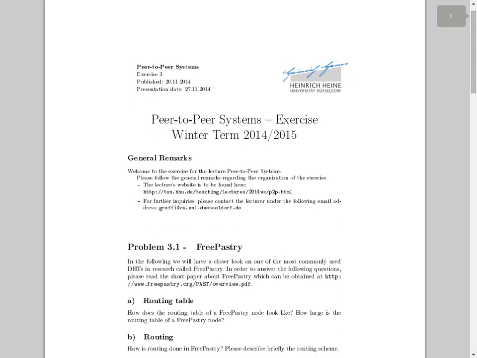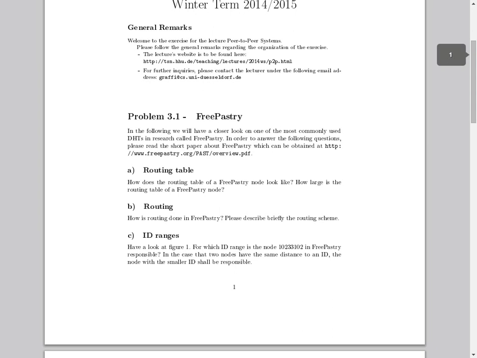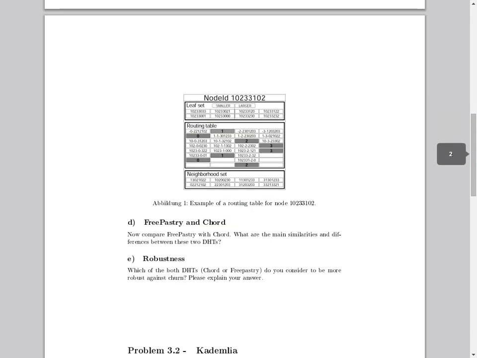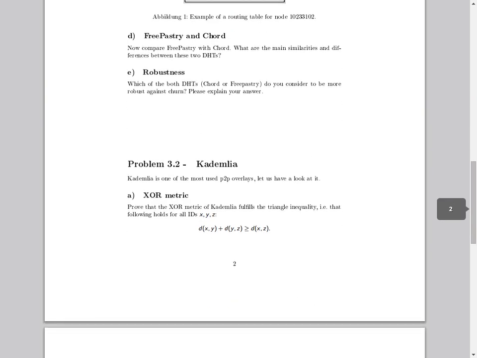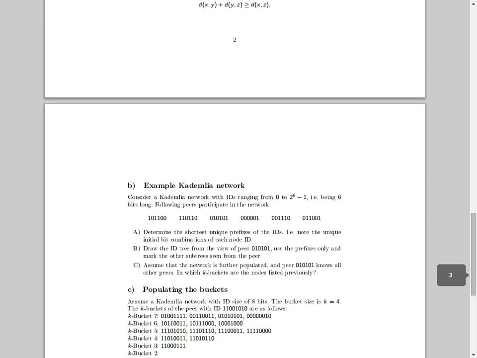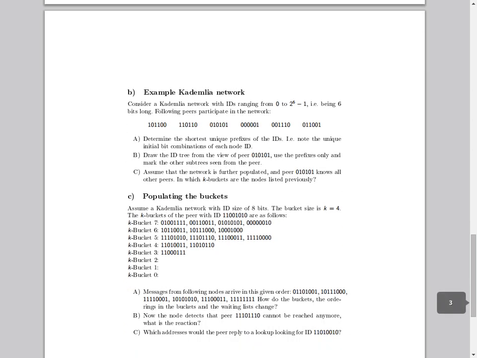The topics are FreePastry, so you have to check this implementation and answer some questions about it. And then we have the Kademlia network, where we also have some shorter questions with, for example, populating the buckets.